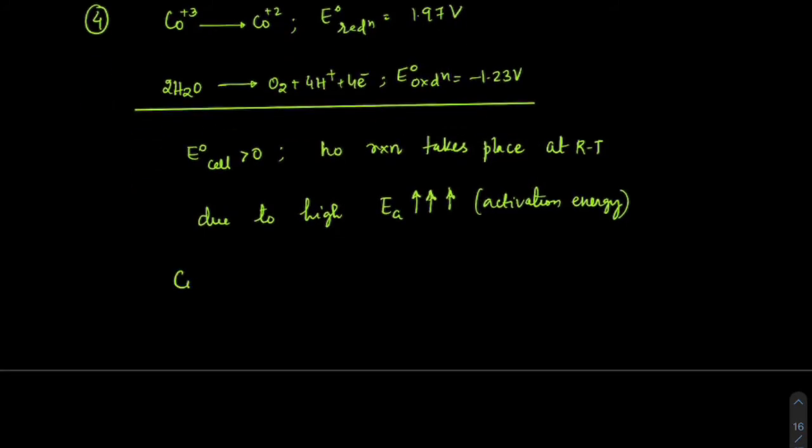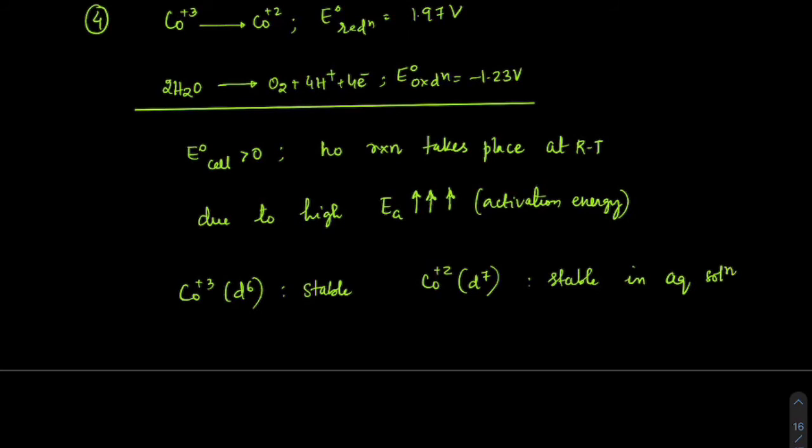Although cobalt plus 3 is also a very stable configuration, it is a D6 configuration. But cobalt plus 2, which is a D7 configuration, will also be more stable in aqueous solution due to the high ionization 3 value.